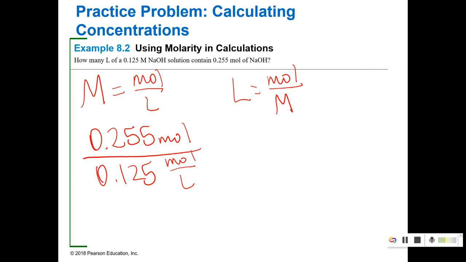Okay, the reason I know this is the equation, so my moles cancel. Liters is in the denominator of the denominator, and just remember, if it's in the denominator of the denominator, it goes back to the top. Because remember, when you divide by a fraction, you flip it and then multiply, so that liters comes back up to the top.